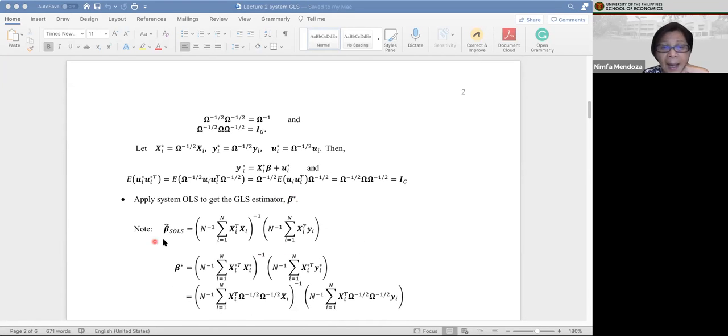I put down here the system OLS estimator, given the two assumptions for system OLS.